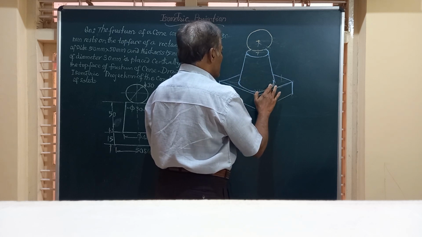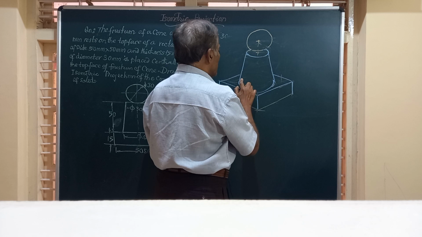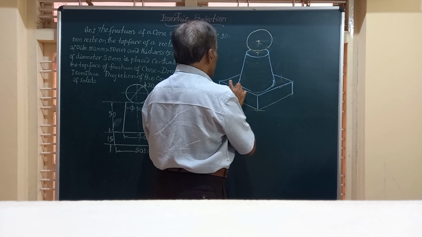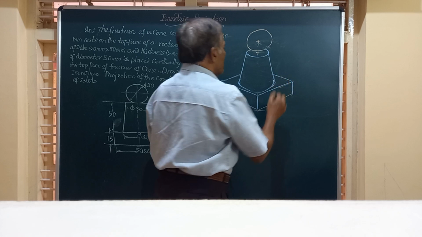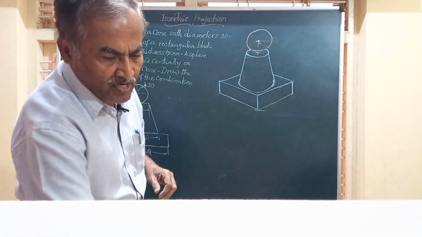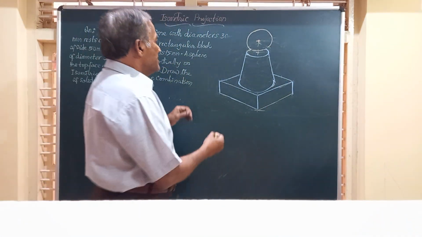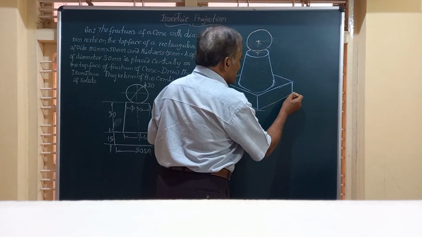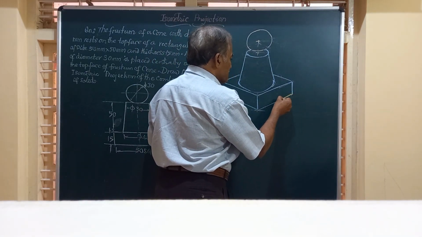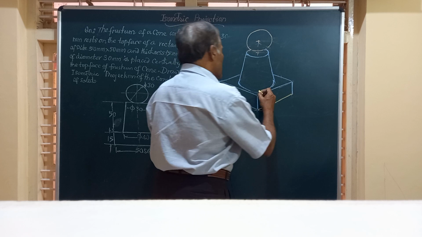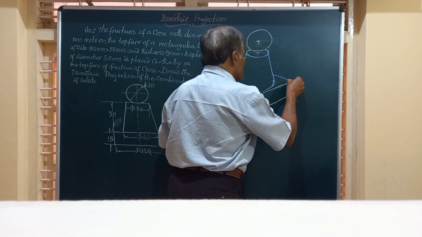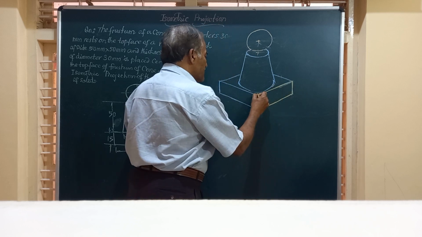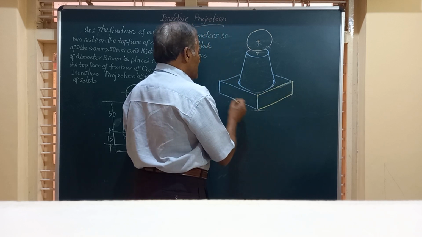And friends, before I complete this, let me give a final touch with visible lines to this projection. I will change this color and say this is a visible line. The thickness of 15 millimeter is visible.